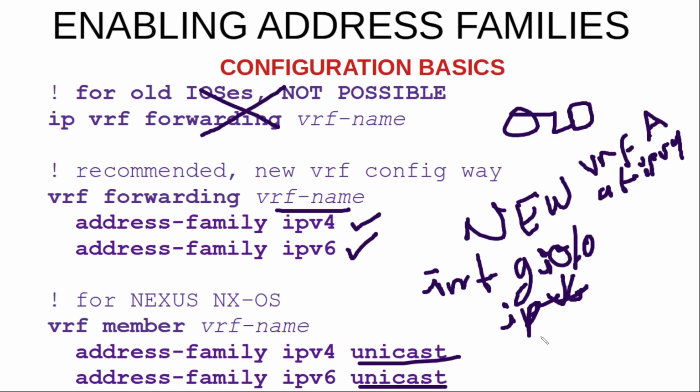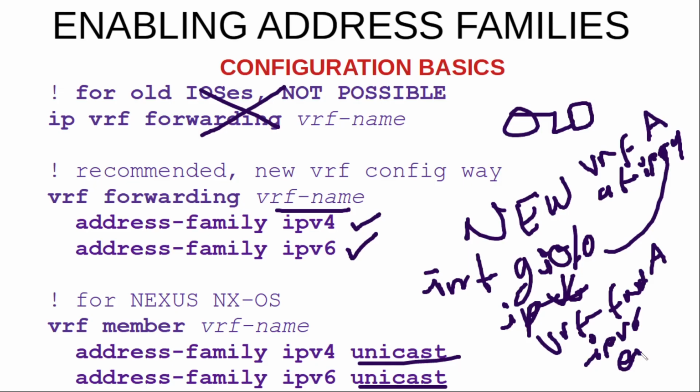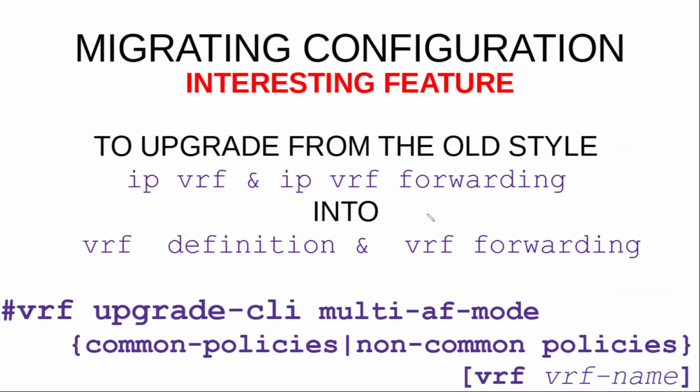Let's say that you want to assign this gigabit 0/0 to your VRF A, then you will issue vrf forwarding A, and then enable IPv6 with the command ipv6 enable. In this case, this will yield an error because you have not yet enabled address-family ipv6 within your VRF. So just be aware to enable your address families within your VRF before configuring IP addresses.